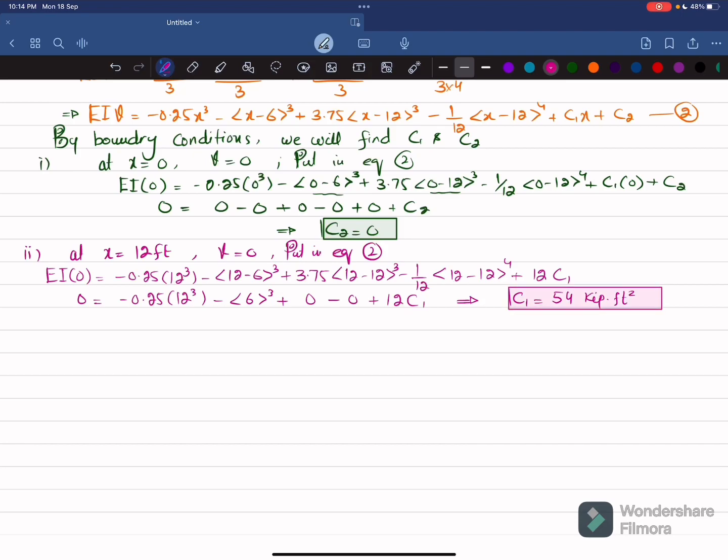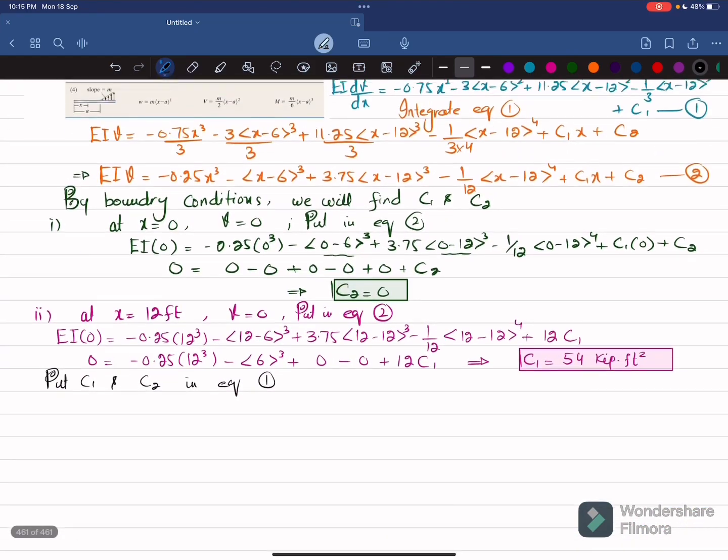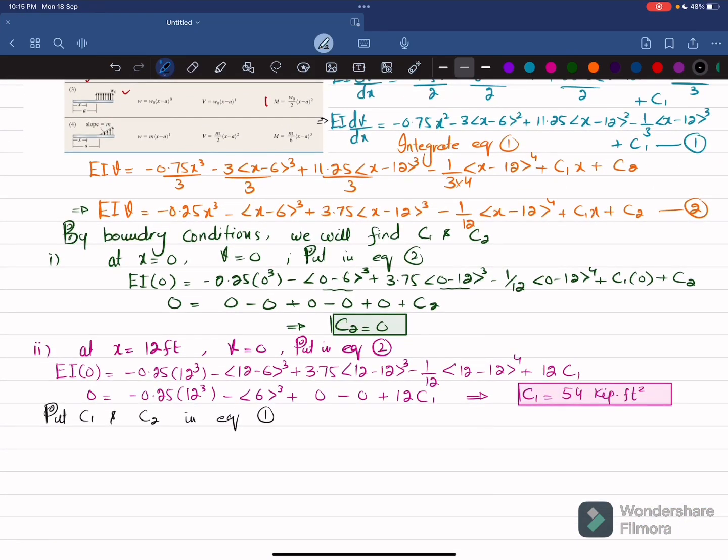So what we will do is put C1 and C2 in equation number 1. Why? Because in our first part we have been asked to determine the slope at A. So equation 1 is about slope. You can check, this is the equation number 1. When you put it, you will get EI dv/dx = -0.75x² - 3⟨x-6⟩² + 11.25⟨x-12⟩² - 1/3⟨x-12⟩³ + C1, which is 54.